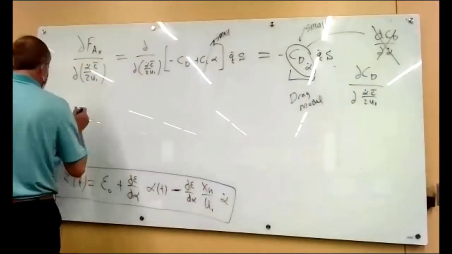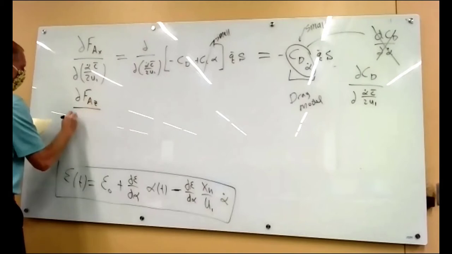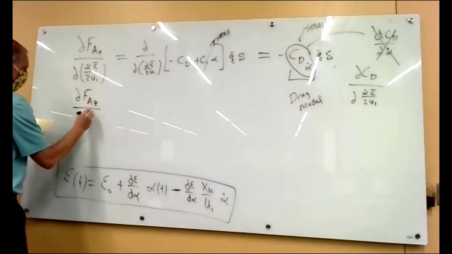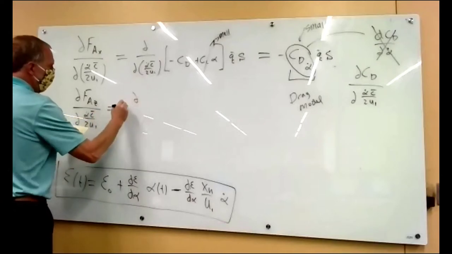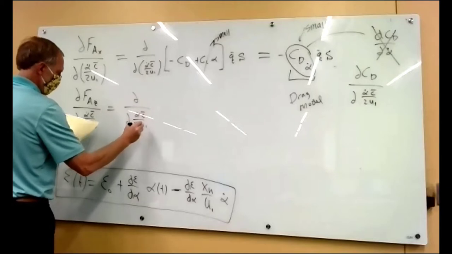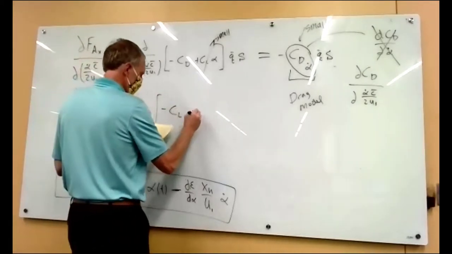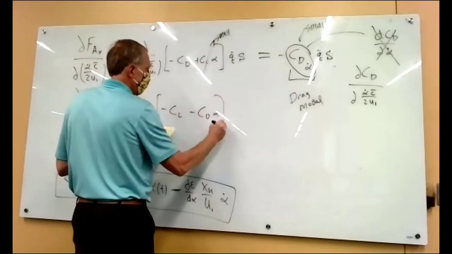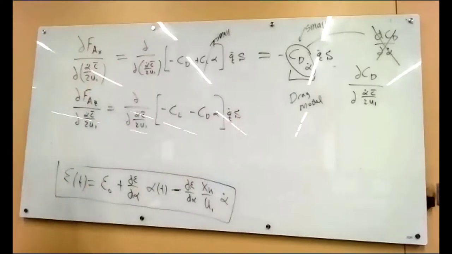So we're going to repeat this same thing, only for the Z force. And so that has mostly lift, but a little bit of drag component because of that tilting of the relative wind with the perturbation of alpha.